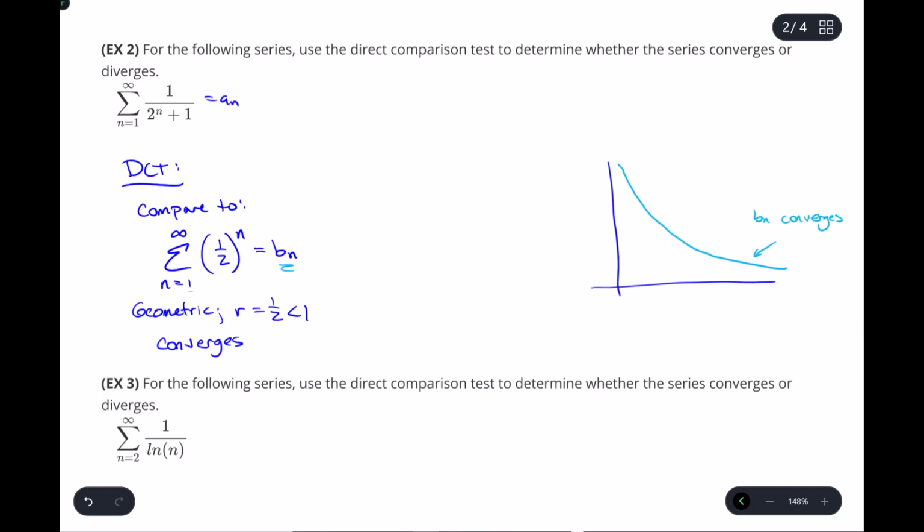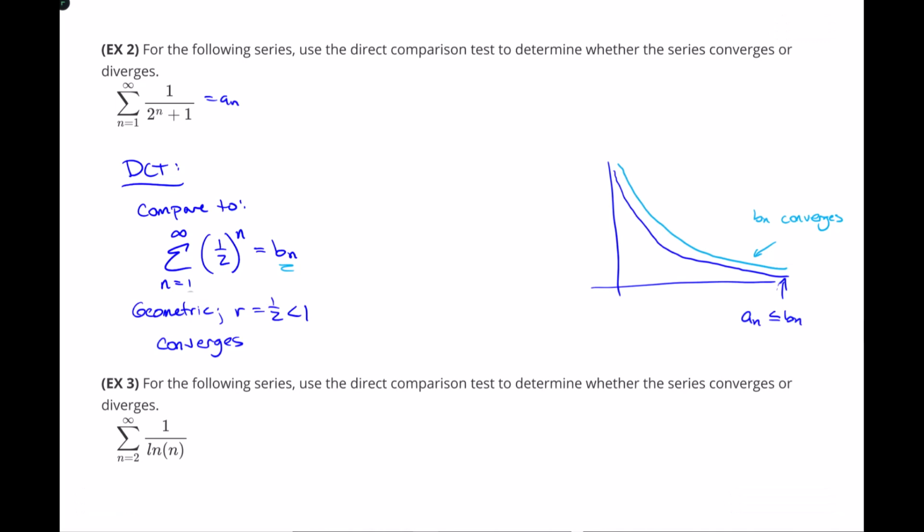All right, so a sub n, what we want is for it to be entirely less than b sub n in order for it to converge as well. All right, so the test here is to find that out. So is a sub n less than or equal to b sub n?